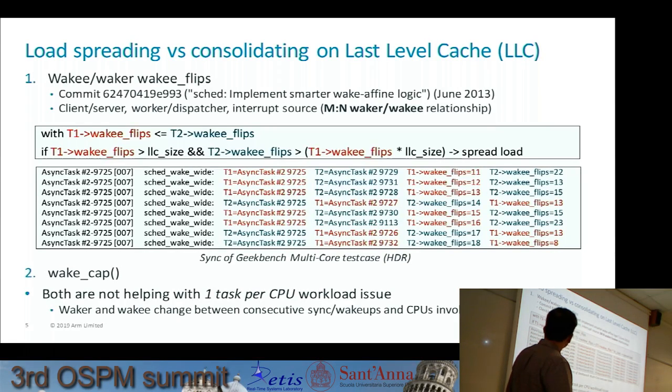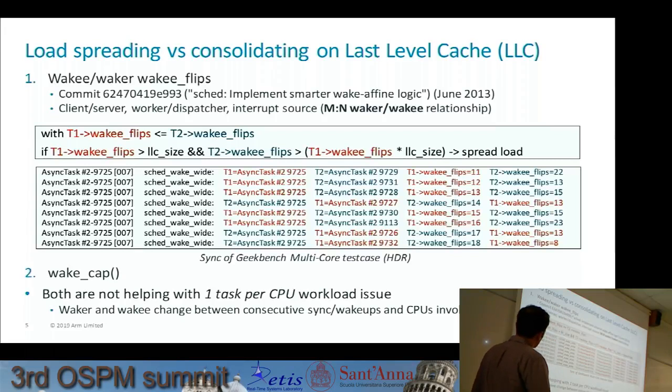And that's why he introduced this wakey flips, where for a task T1 or T2, we keep a counter which is incremented when at wakeup we can figure out that the task is woken up by another waker. So this gets incremented, and there's obviously also a way to decrement this. So it's not only increasing, but the condition we have is this one. T1 and T2 are the current task on the CPU we're running on, so smp_processor_id, and the task which has to be woken up.